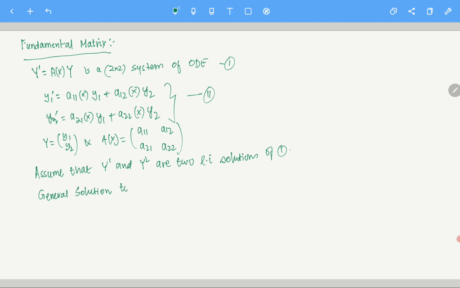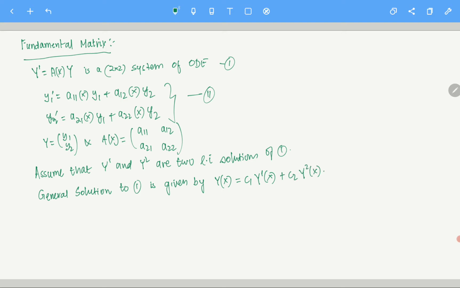the general solution to 1 is given by Y of x equals C1 capital Y1 of x plus C2 capital Y2 of x. Sorry, let's write it as x.